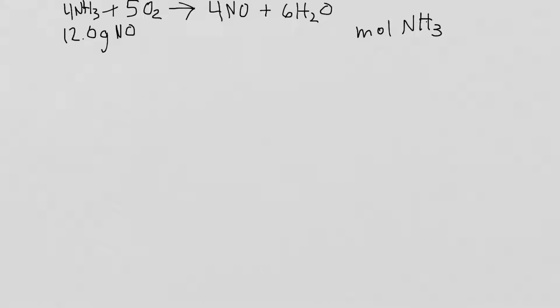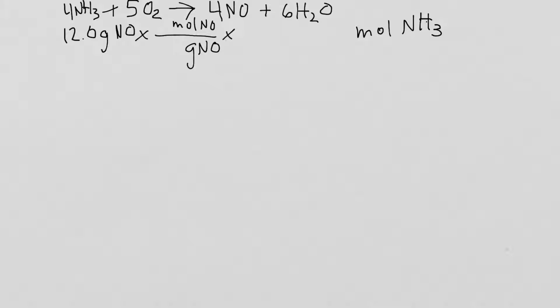Alright, so let's take a look. I've already written this on the next slide so we can see. If I wanted to produce 12 grams of nitrogen monoxide, I would like to know how many moles of ammonia I need to start with. So, like always, when we're doing our conversions, what goes on top goes on the bottom: grams of NO. Now, grams is only related to moles, hence where we have our molar mass.